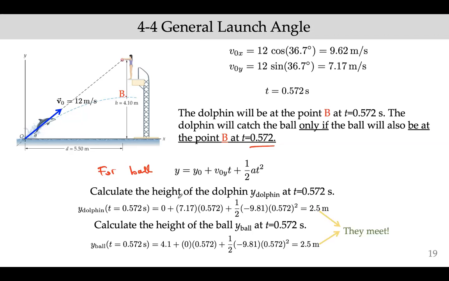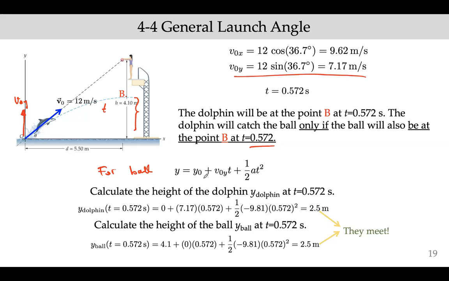Now calculate the height of the dolphin at this time. Now how do you calculate this height? In the previous slide, I calculated the time. So I know the time for the dolphin, and I know the initial y component of the initial velocity, which I actually calculated, it's here.